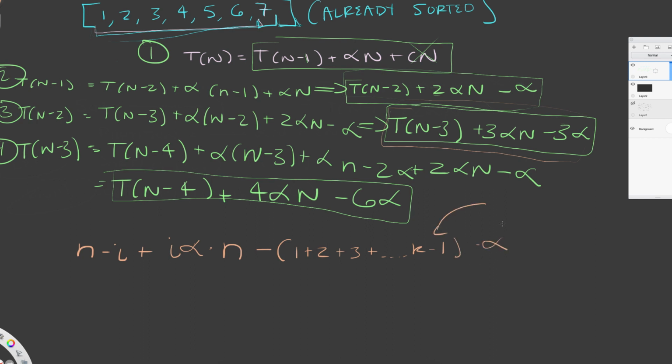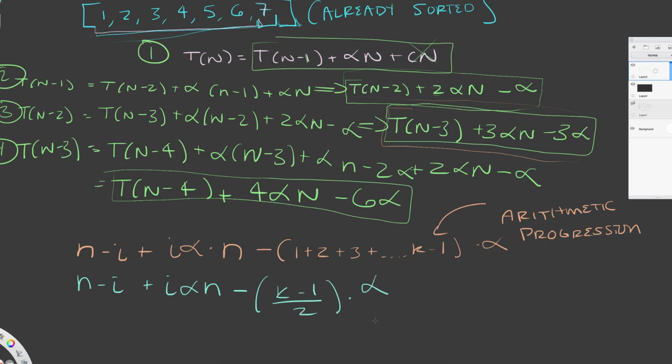This right here is a simple arithmetic progression, and arithmetic progressions could simplify a problem like this to T(n-i) plus iαn minus something like (k-1)/2 multiplied by alpha.